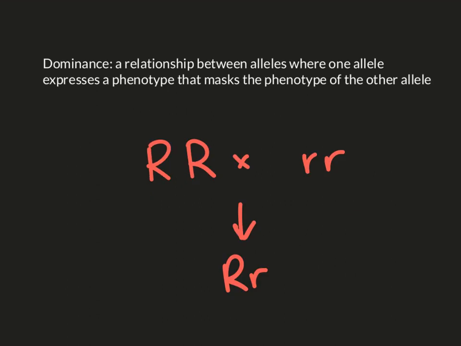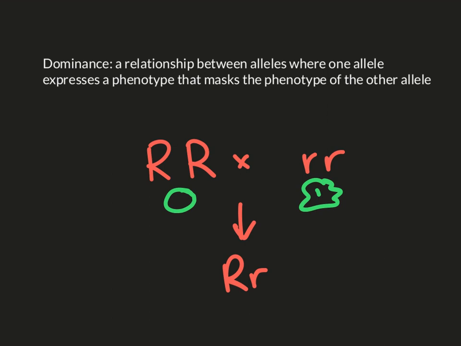The phenotype observed in the F1 generation brings us to another important vocabulary word, and that's dominance. Dominance is a relationship between alleles, where one allele expresses a phenotype that masks the phenotype of another allele. In our case, we saw that the true breeding round parent crossed with the true breeding wrinkled parent resulted in heterozygous offspring.